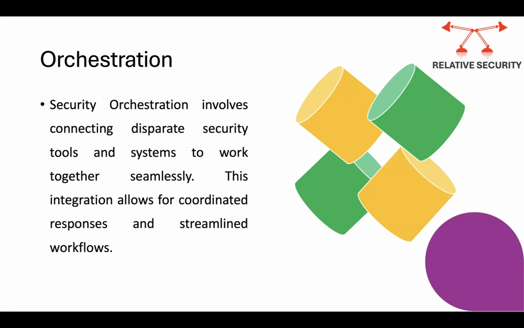It's about creating a workflow where these tasks and processes are executed in a logical sequence to achieve a specific outcome. So if we break down this definition, we'll see that the key characteristic is integration. Orchestration integrates various tools and systems to work together.